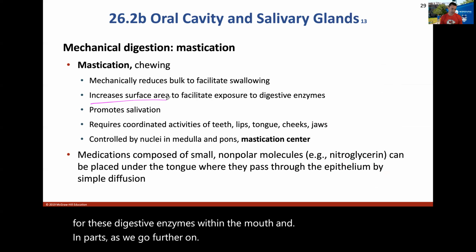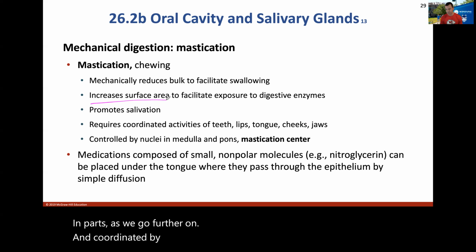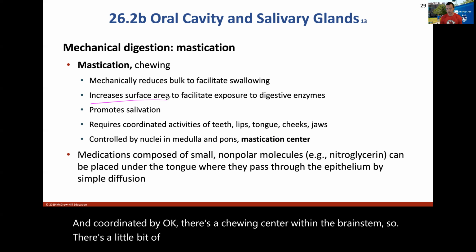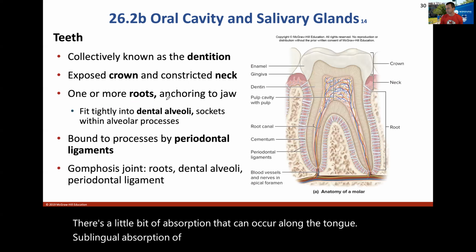Coordinated by, okay, there's a chewing center within the brainstem. So, yeah. There's a little bit of absorption that can occur along the tongue. Sublingual absorption of nutrients.